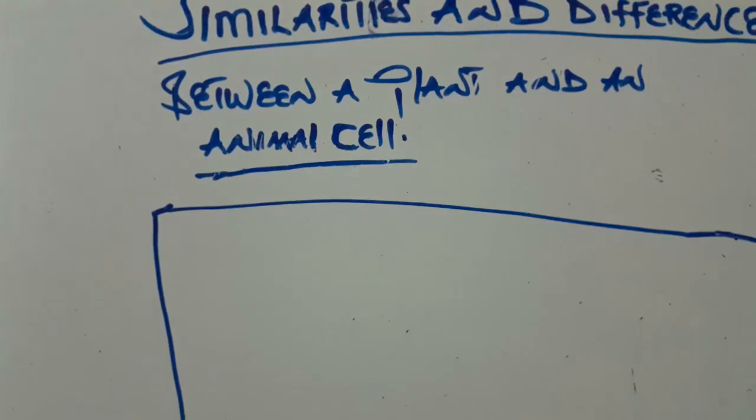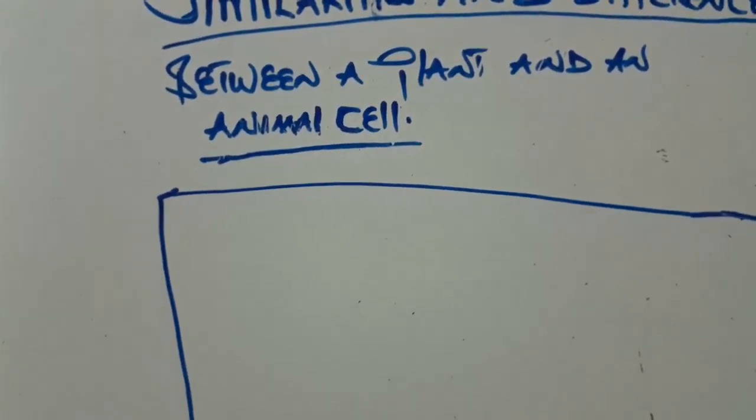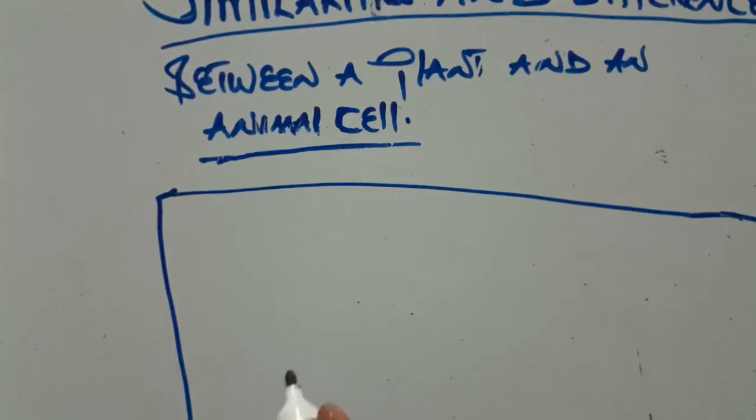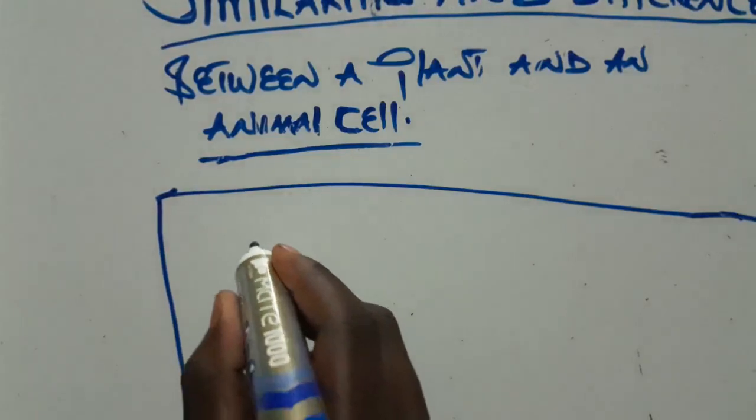Now, what are these similarities? What are the parts that are common in both? So this is a plant cell.